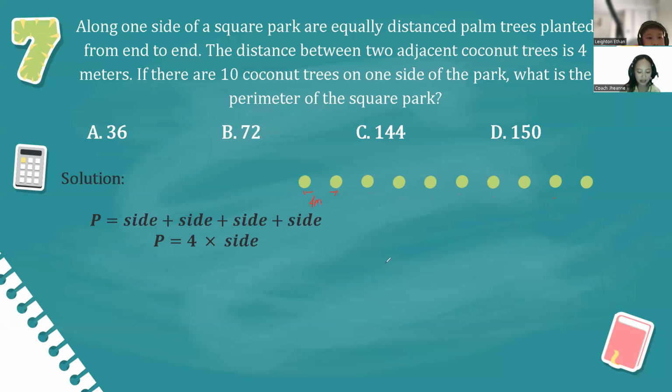Now to get this, we have 10 coconuts minus 1, multiplied by 4 meters because their distance is 4 meters. We have 9 times 4.